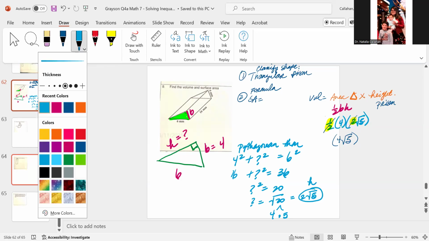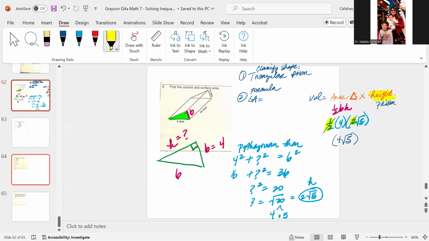The height of the prism is the piece that you haven't used yet. Do you see that? So times the 16. 4 times 16 is 64. Square root 5.